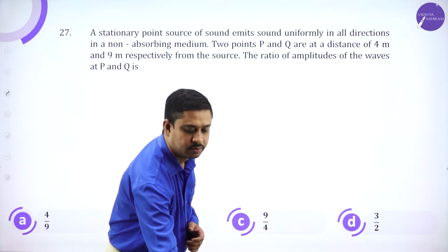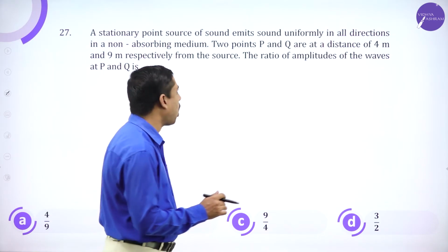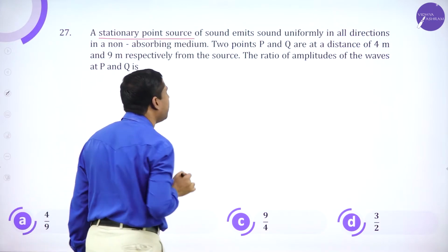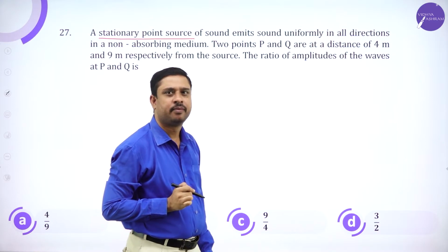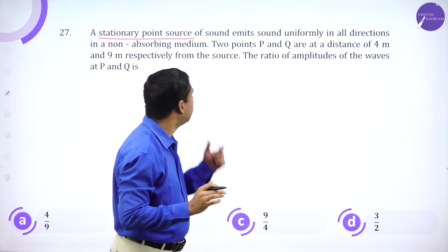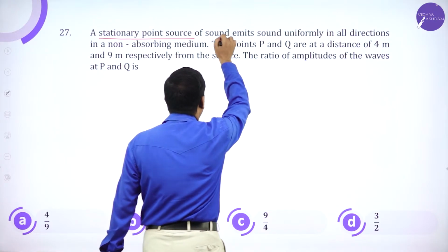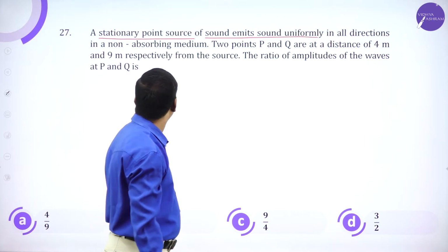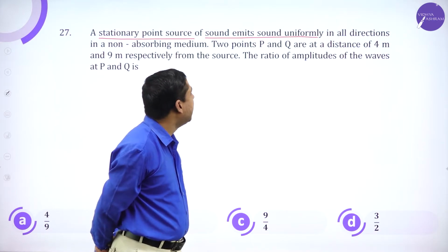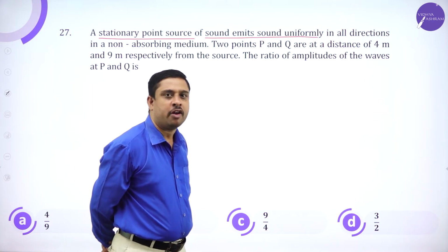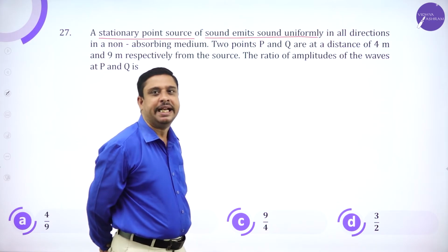Now, quite an interesting problem. A stationary point source, a source which is at rest, of sound, emits sound uniformly in all directions in a non-absorbing medium.